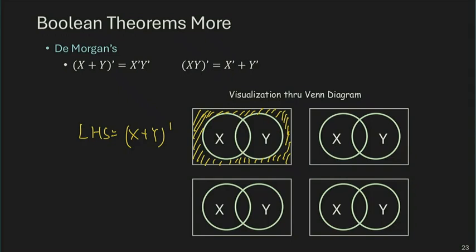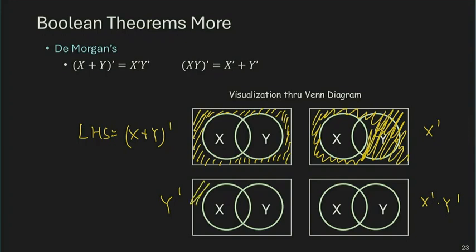The right-hand side is saying x prime intersect y prime. So I will draw one Venn diagram for x prime, another one for y prime, and finally x prime dot y prime. So x prime is anything but x. Right? So that is x prime. Can you see the color all right? Yeah. And then y prime would be anything but y, so this outside region. Right. That's y prime.